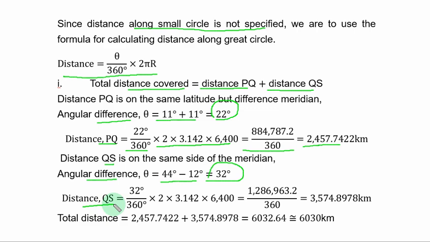Distance QS is therefore 32 degrees over 360 degrees times 2 times pi times the radius of the earth. That simplifies to this, and you have 3574.8978 kilometers. Total distance becomes the addition of the two distances, and that gives this.